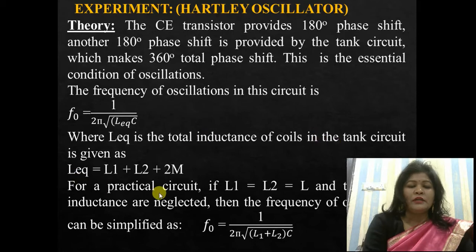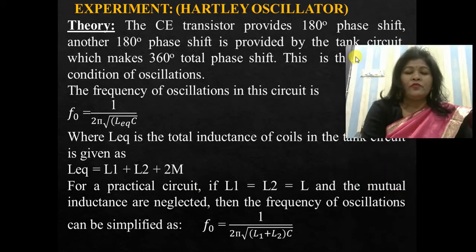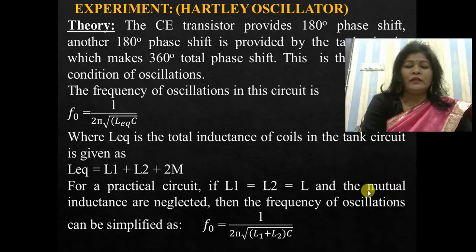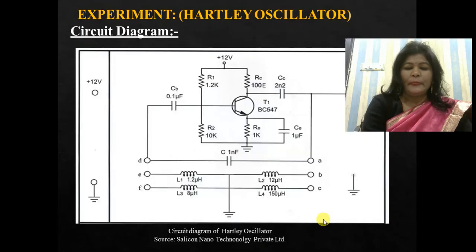In a practical circuit, if L1 equals L2 equals L and the mutual inductance is neglected, then you can calculate the frequency of oscillation using 1 upon 2 pi root under L1 plus L2 into C.